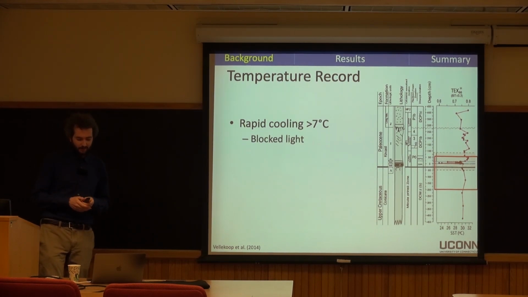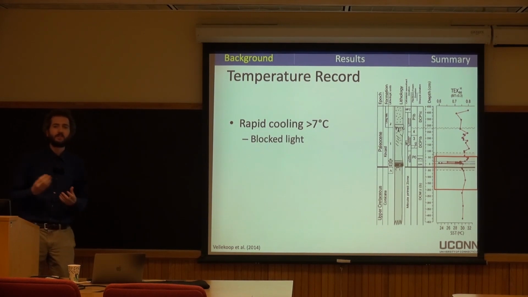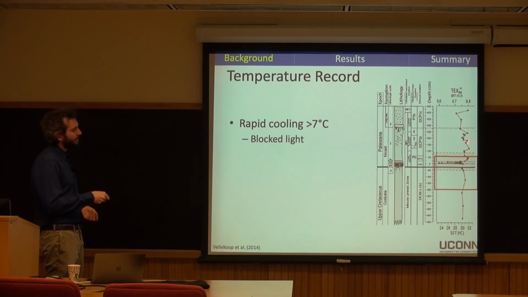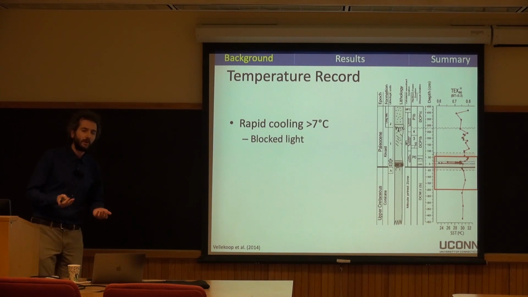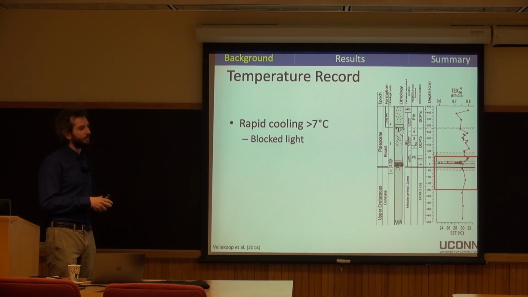That said, there are a few TEX86 sea surface temperature reconstructions that claim to capture the few years right after the impact event. This is one here from the Gulf of Mexico region showing fairly warm sea surface temperatures right before the impactor, and then this period which they're claiming is annually resolved temperature for the first few years after the impact event, suggesting maybe about 7 degrees of cooling within a few years after the impact, and then temperatures returning to normal relatively quickly, maybe a degree or so warmer than before the impact going forward, potentially due to some type of CO2 increase.